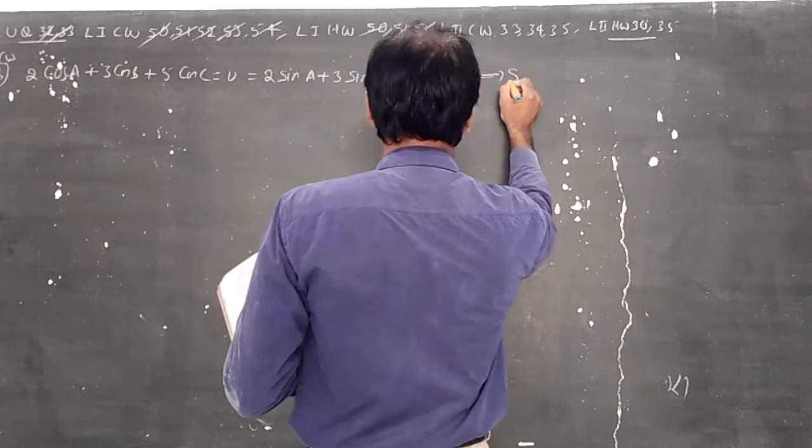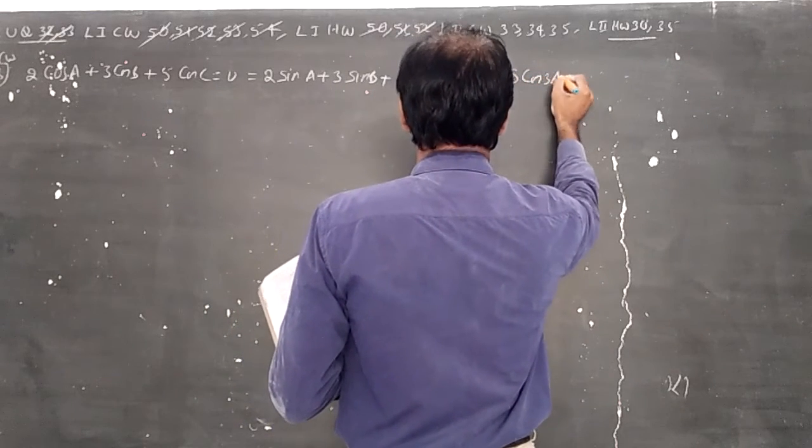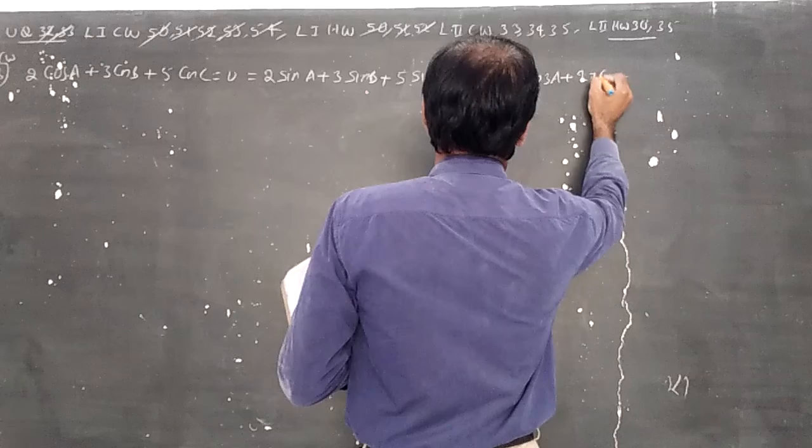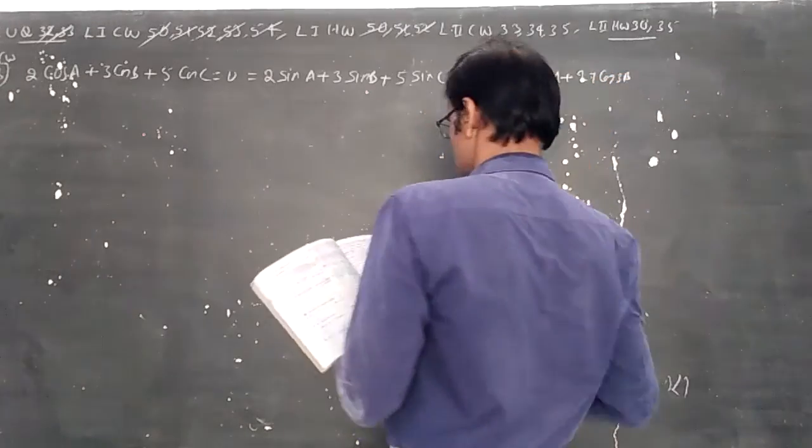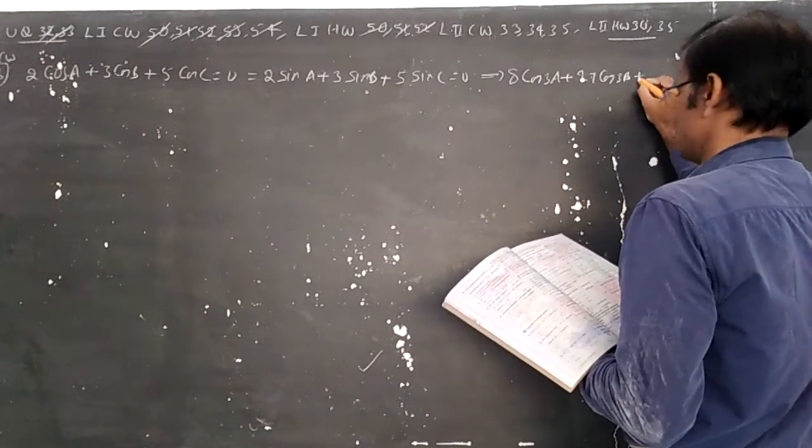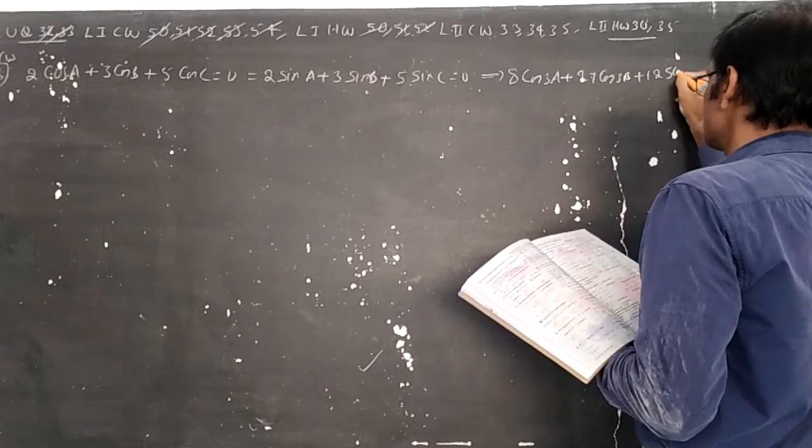That implies, what is the value of 8 cos 3A plus 27 cos 3B plus 125 cos 3C?